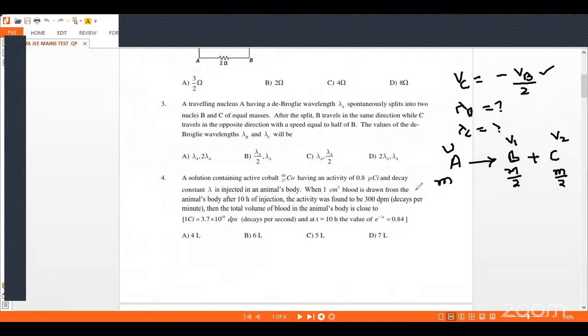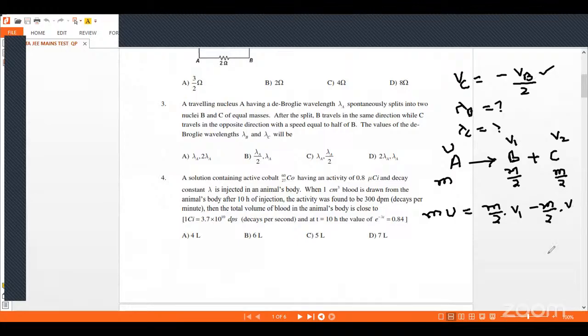So I can say that Mu equals M by 2 into V1, and since C is moving in the opposite direction, I'll write minus M by 2 into the speed of C, which is V1 by 2.